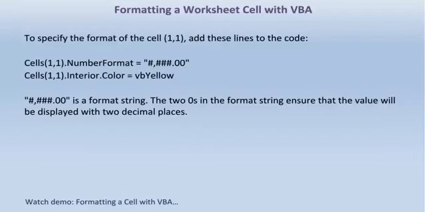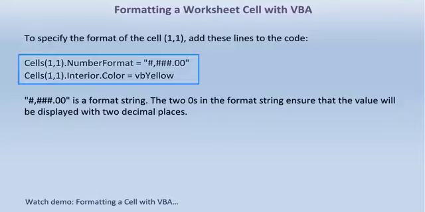Formatting a worksheet cell with VBA. To specify the format of the cell 11, add these lines to the code. Pound, comma, pound, .00 is a format string. The 2 zeros in the format string ensure that the value will be displayed with 2 decimal places.